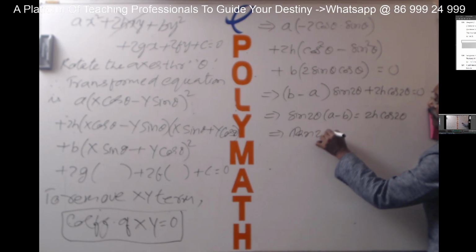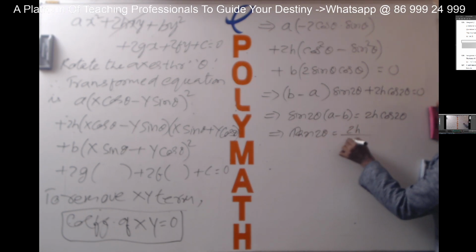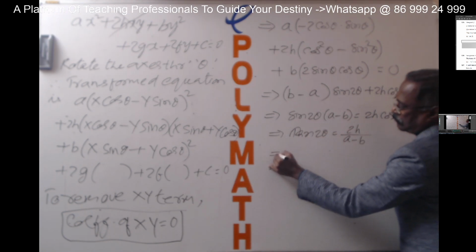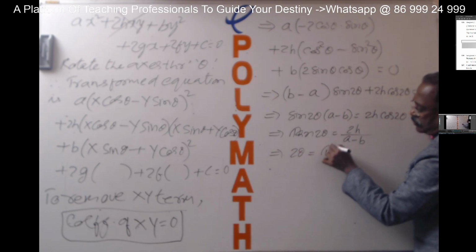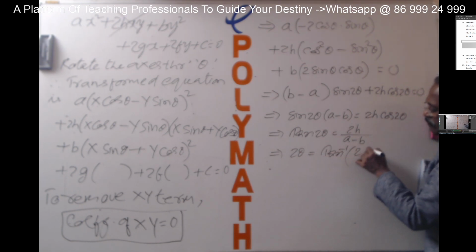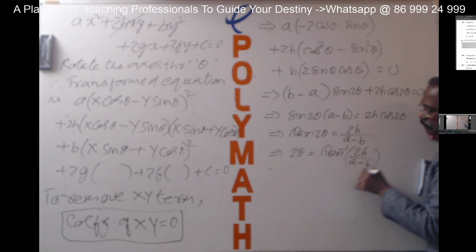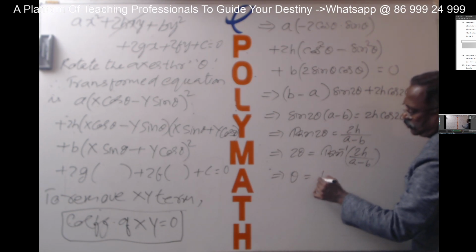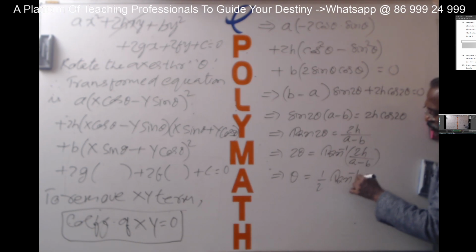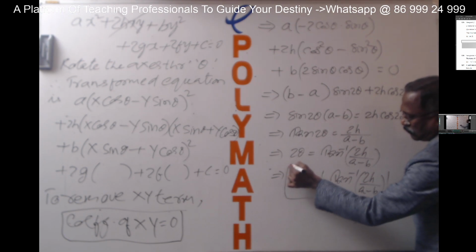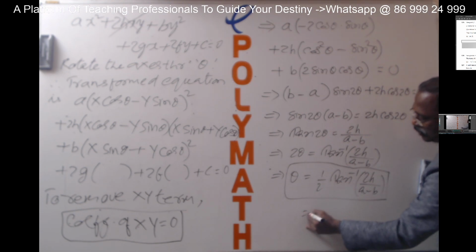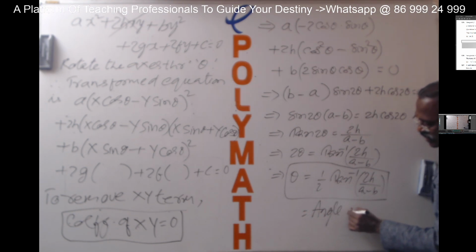Tan 2 theta is equal to 2h by a minus b. 2 theta is equal to tan inverse 2h by a minus b. Theta is equal to half tan inverse 2h by a minus b, is equal to the angle of rotation.